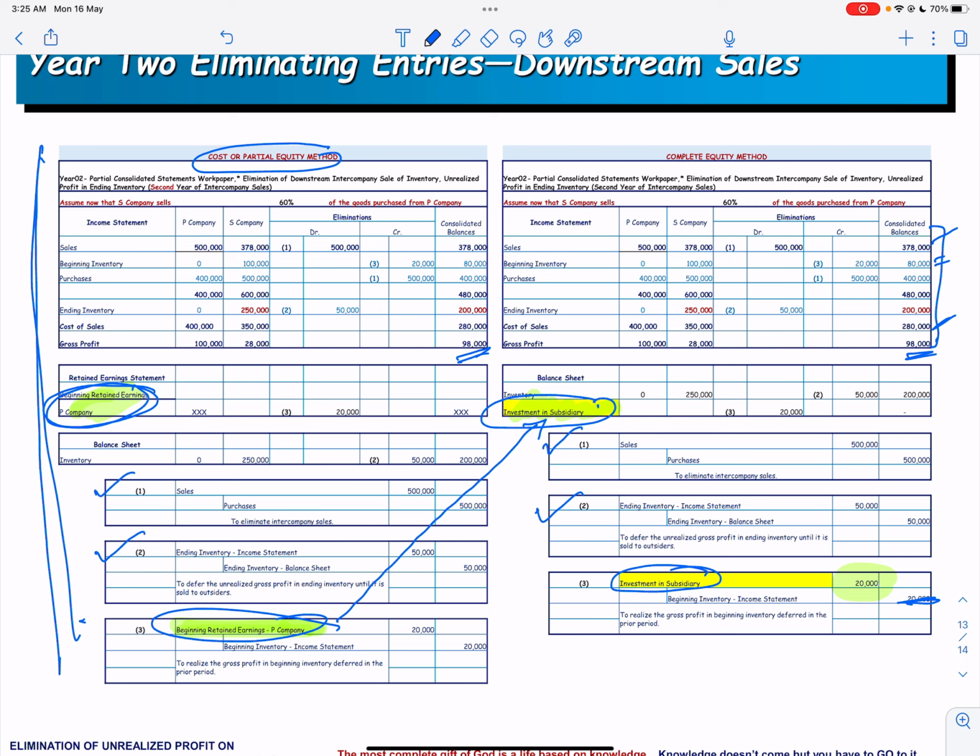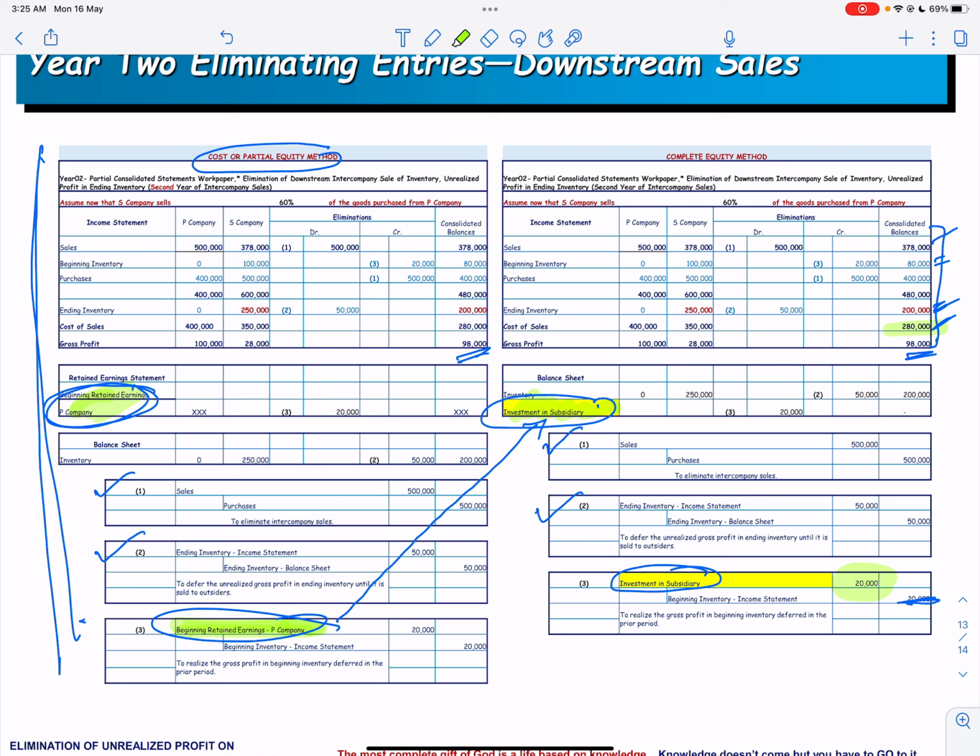Cost of goods transferred to S company in the current year and sold this year, that is 50% of 400,000, that is 200,000. The cost of sales to the third party during the current year is 280,000. The consolidated inventory of 200,000 equals the cost to the affiliated group, P company, of the goods on hand at the end of the year, that is 50% of 400,000, that is 200,000.